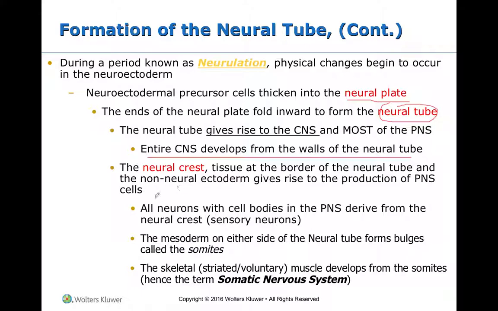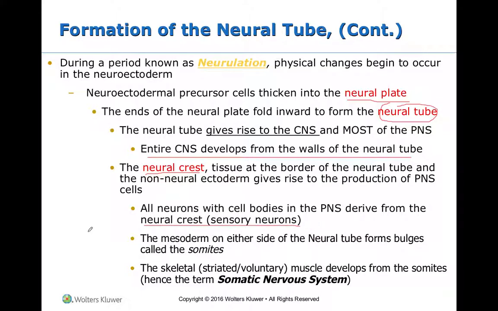Now, the neural crest, which is tissue that is found at the border of the neural tube and the non-neural ectoderm, gives rise to the production of our peripheral nervous system cells. So all neurons with cell bodies that lie in the peripheral nervous system derive from the neural crest, so our sensory neurons.